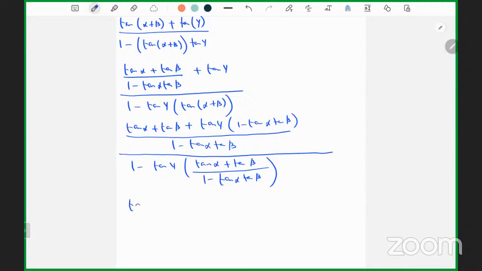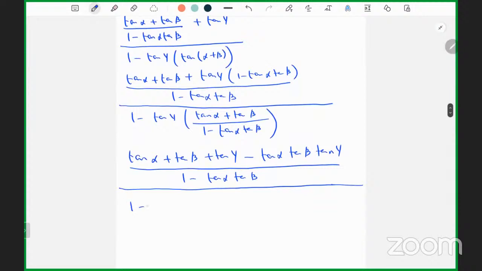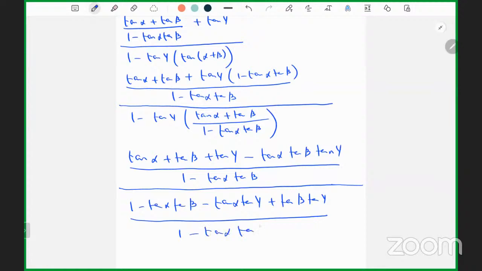The numerator will remain tan alpha plus tan beta plus tan y minus tan alpha tan beta tan y over 1 minus tan alpha tan beta, over, I will find the LCM, 1 minus tan alpha tan beta minus tan alpha tan y plus tan beta tan y over 1 minus tan alpha tan beta.